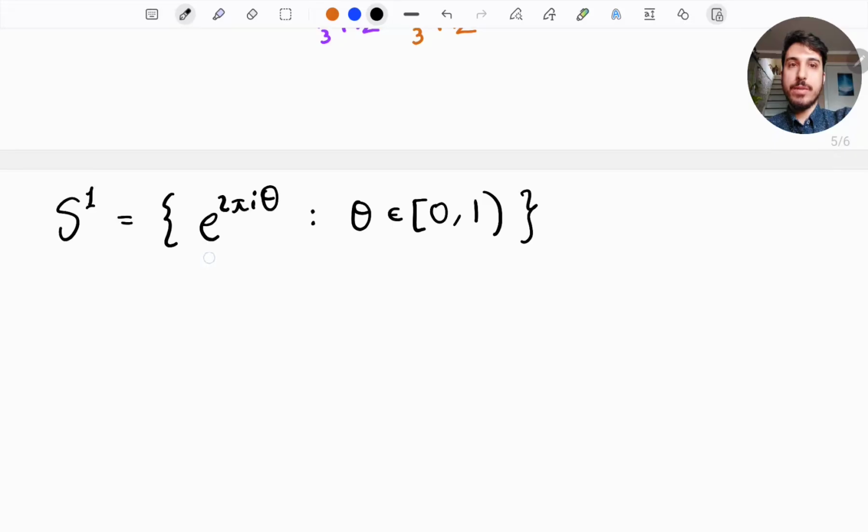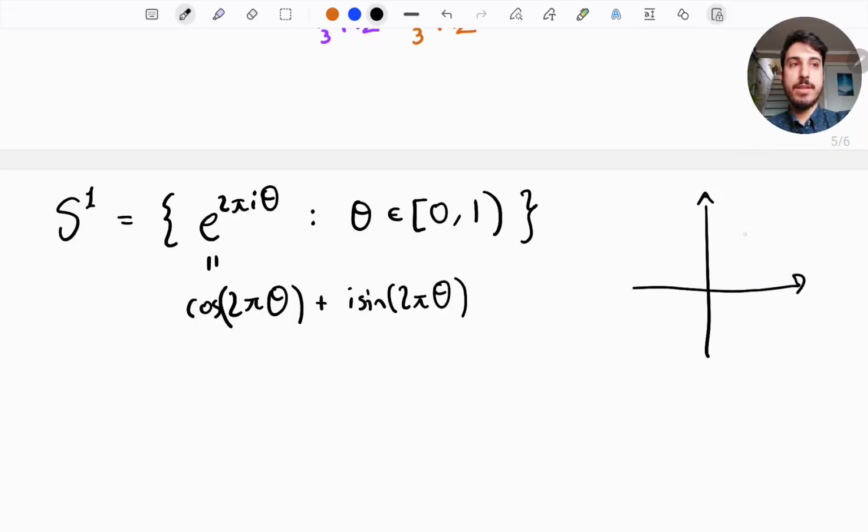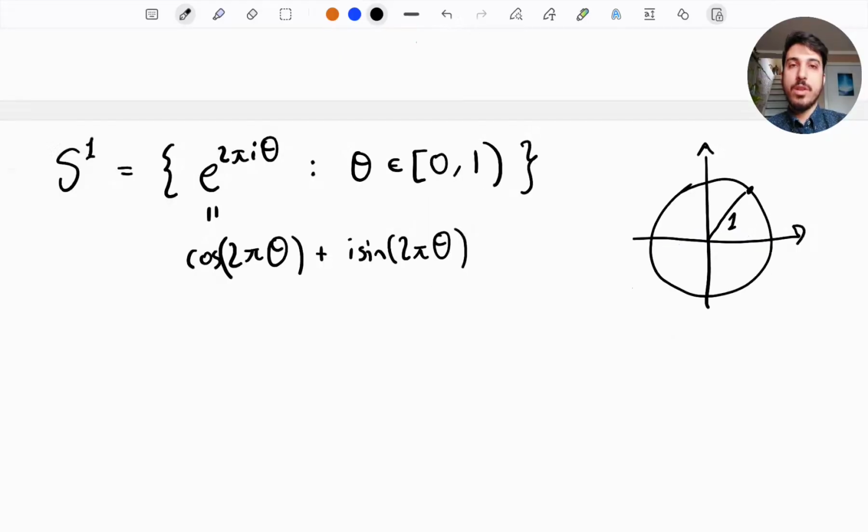If you remember your Euler's formula, this is cosine of 2 pi theta plus i sine 2 pi theta. And if we graphically represent it on the real and complex plane, we get some point on the unit circle. So essentially S1 contains all of the complex numbers which have a distance 1 from the origin. Distance is given by taking the norm of the element. This is called the norm.